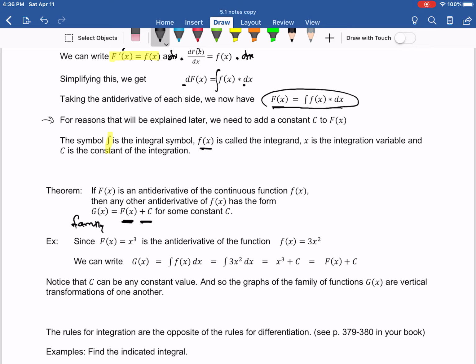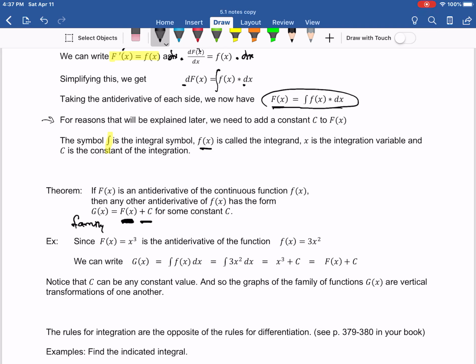That family takes this basic function, big F of x, and keeps adding different constant values, and all of those put together give you a big family of functions. They all look very similar to one another, but what sets them apart is the different constant that you're adding to each integral of f of x.